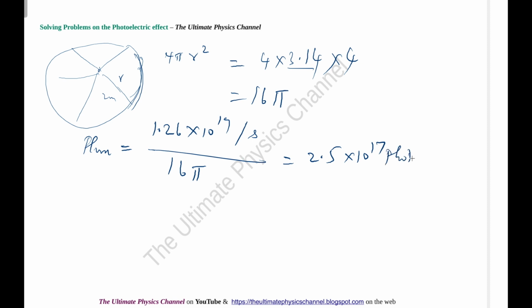That is the rate at which photons are arriving at a distance of 2 meters, so that is an area factor as well over every second. You can see that we have a meter square in the denominator for this area. Therefore, this is the answer. Right. Let's move ahead to the next one.